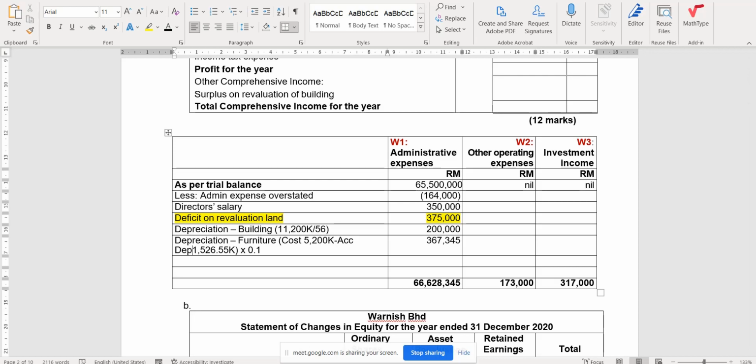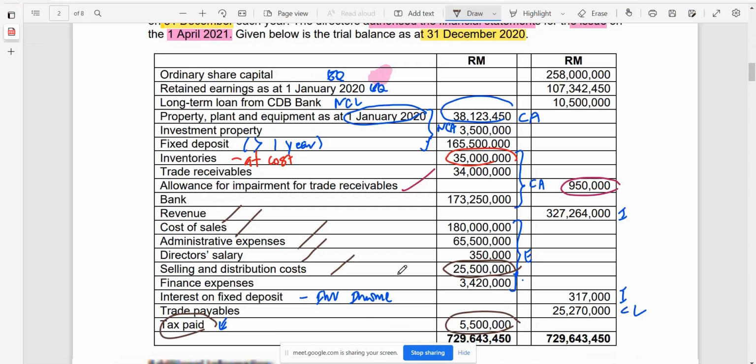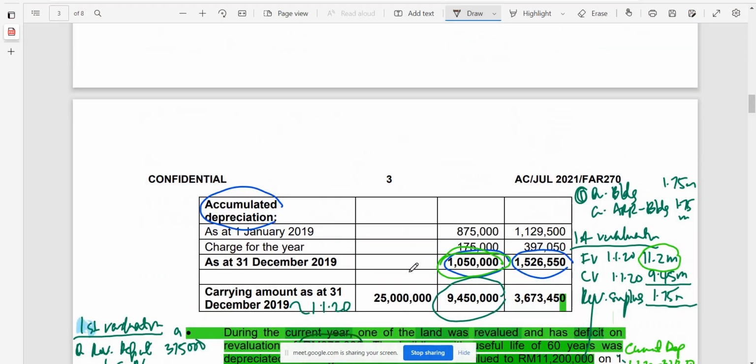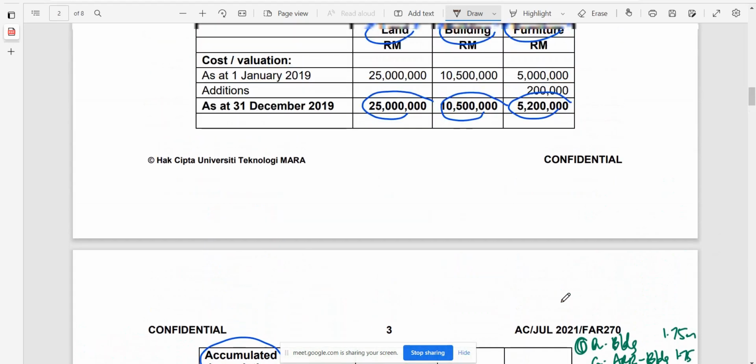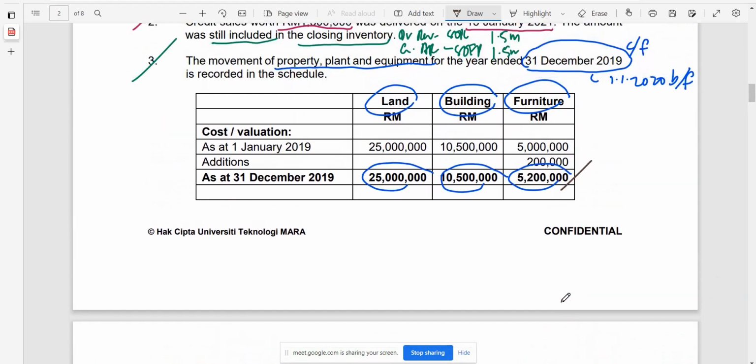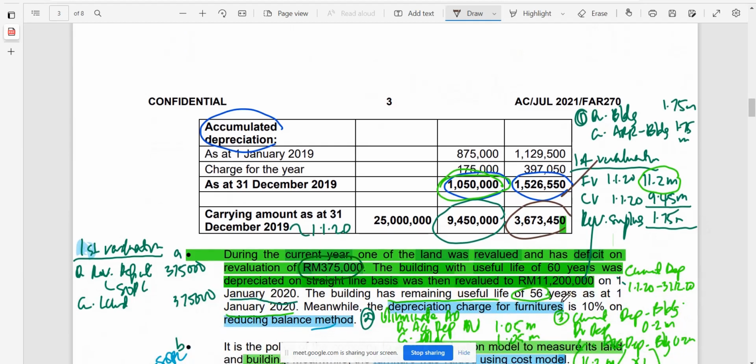Cost minus accumulated depreciation. Easy way to do it is by taking straight away 3673,450, because this is the accumulated depreciation and this is the cost, and you are given already the carrying amount as at the beginning of the year, 3673,450.